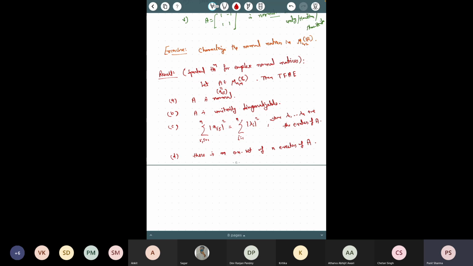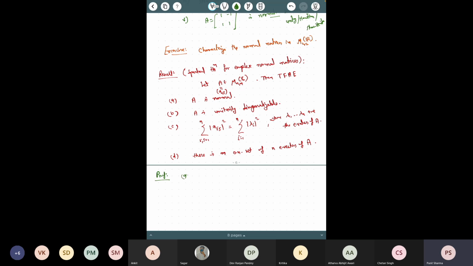So this result is known as the spectral theorem. It gives equivalent conditions for a matrix to be normal. The proof is not difficult. It follows because of Schur's lemma. So we'll do it one by one. I'll just give you some hints, but you can verify those things.